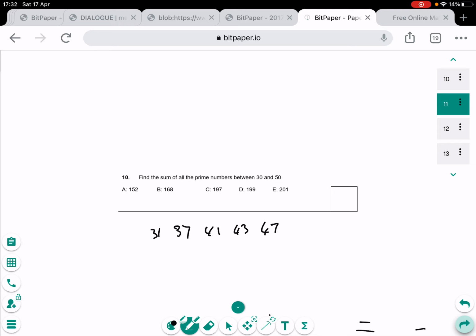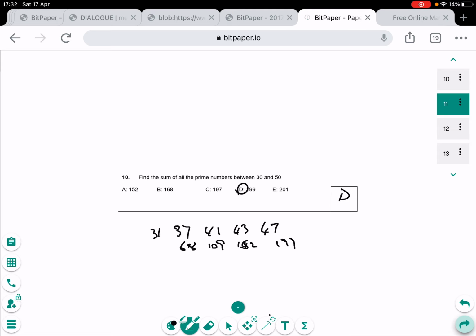So those are all the numbers. So we just have to add them up. So it's 68 right now, 109, 152, and then 199. So our answer is D, which is 199.